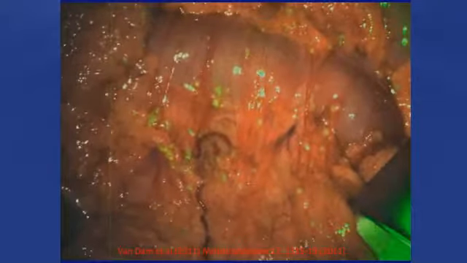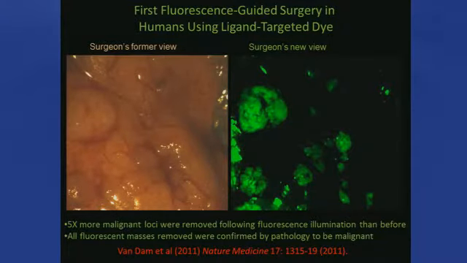But with the aid of the fluorescence, it turns out, as was published by Go Van Dam in Nature Medicine, he was able to remove 5 times more malignant lesions than beforehand. Moreover, all of the fluorescent masses that were removed were confirmed by pathology to be malignant tissue, so there weren't any false positives.